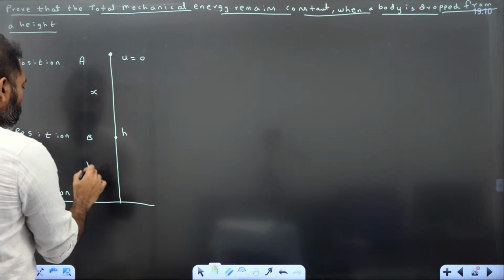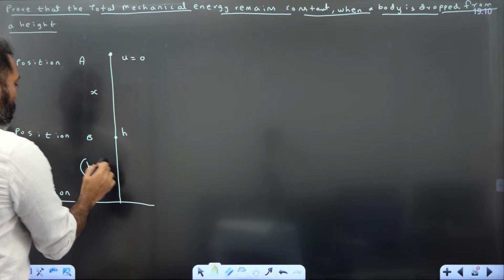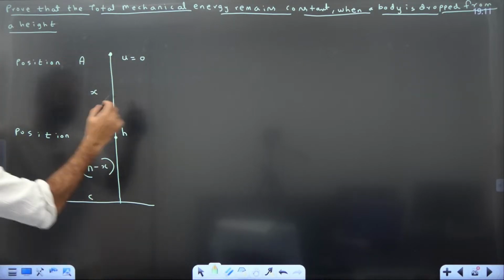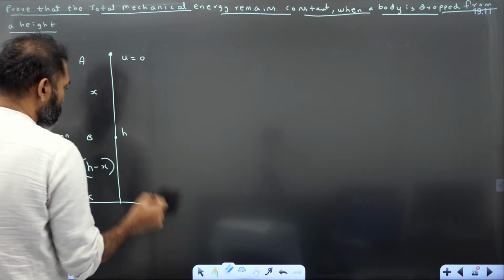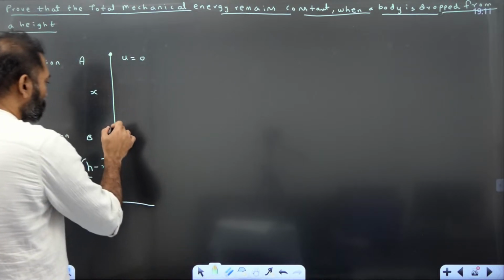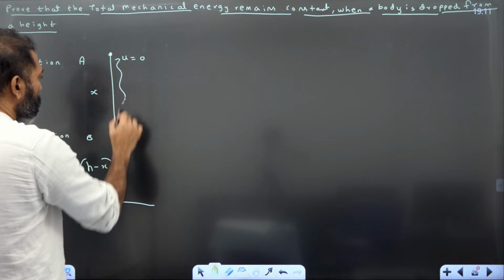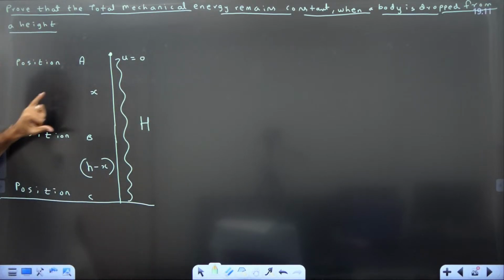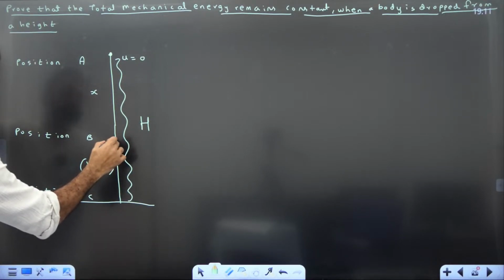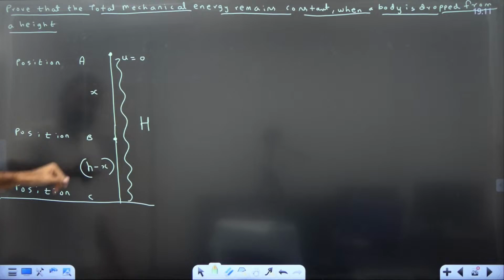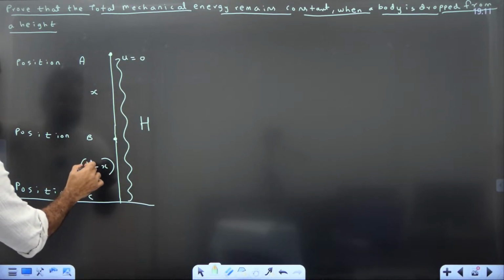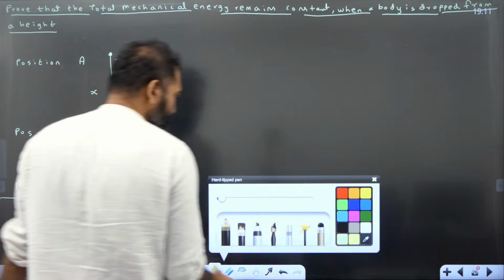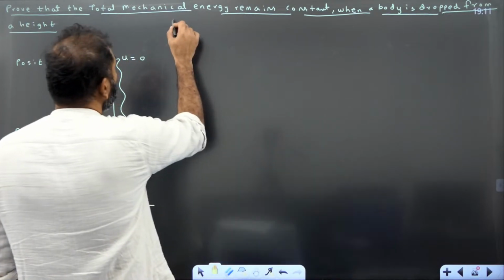So the distance between B and C is h minus x. The whole distance is h. Now let's see, at position A.